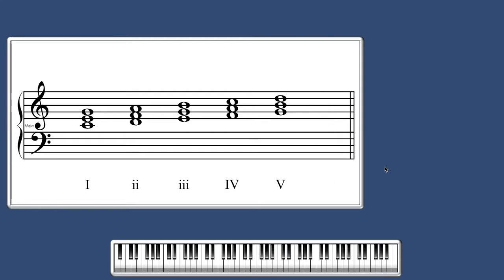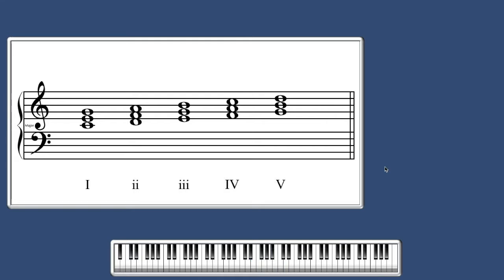So once we get to that 5, it wants to resolve back to 1 with better voice leading. And if you're confused by the 1-6 or the 6-6-4, then watch my video on chord inversions, which explains figured bass.